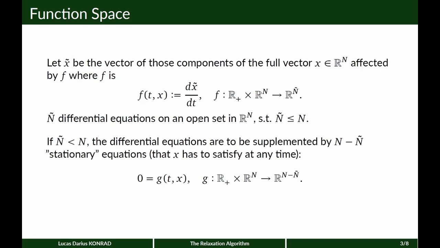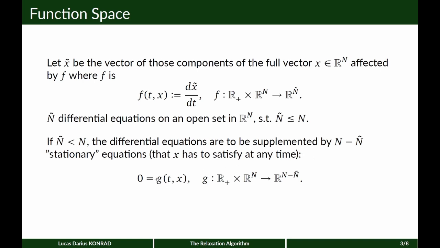And in order to fulfill the stationary equations, we need to have also stationary conditions that need to be met by the stationary equations. So the conditions that x has to satisfy at any time. So in case only a subset of my variables change over time, then I need some extra conditions.